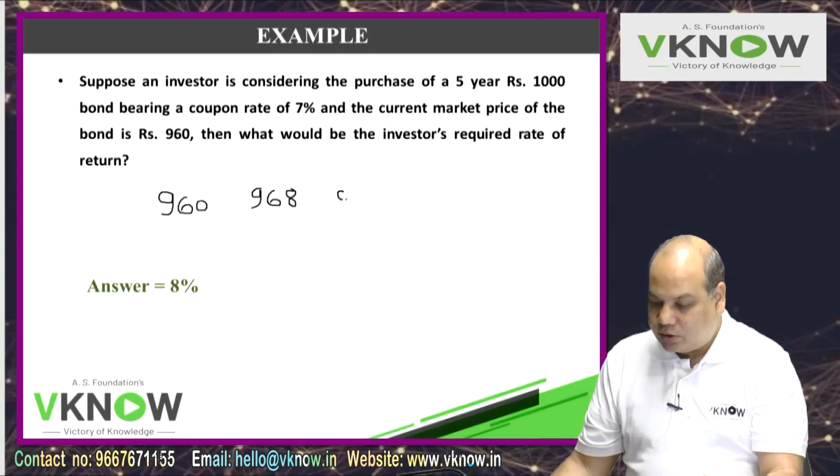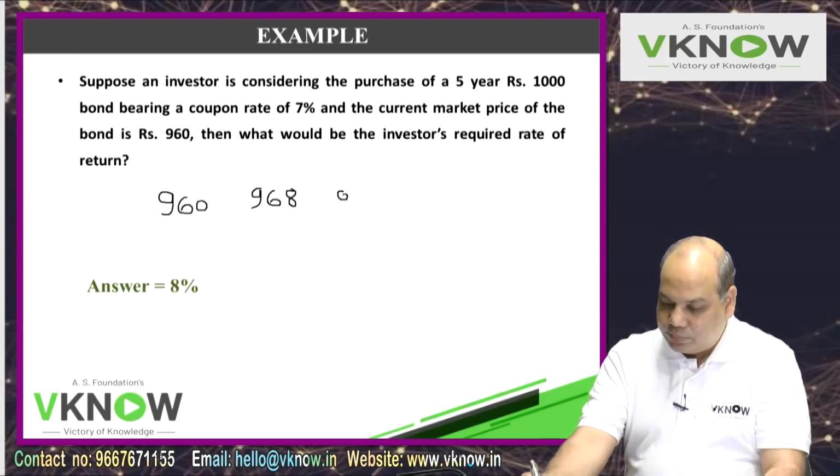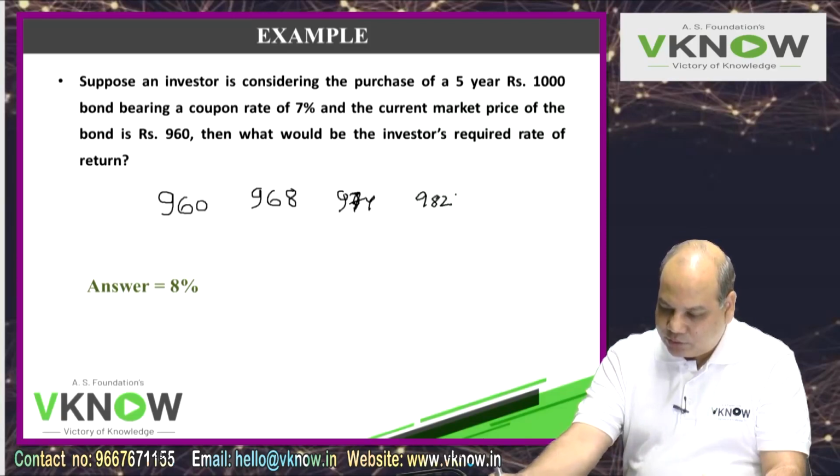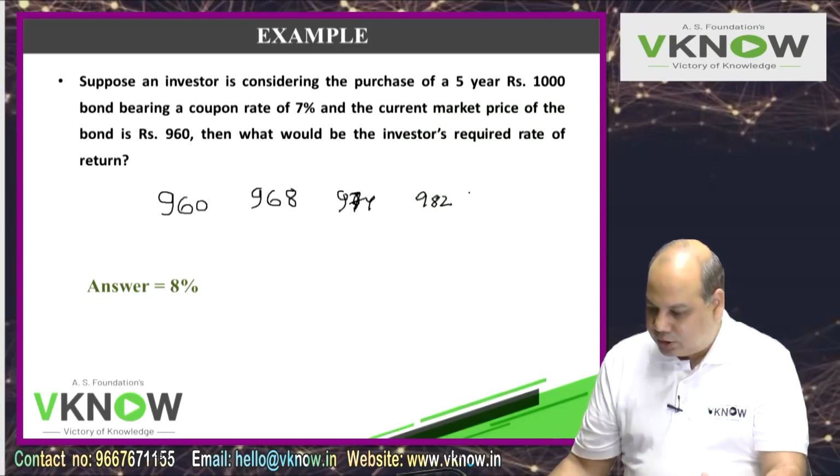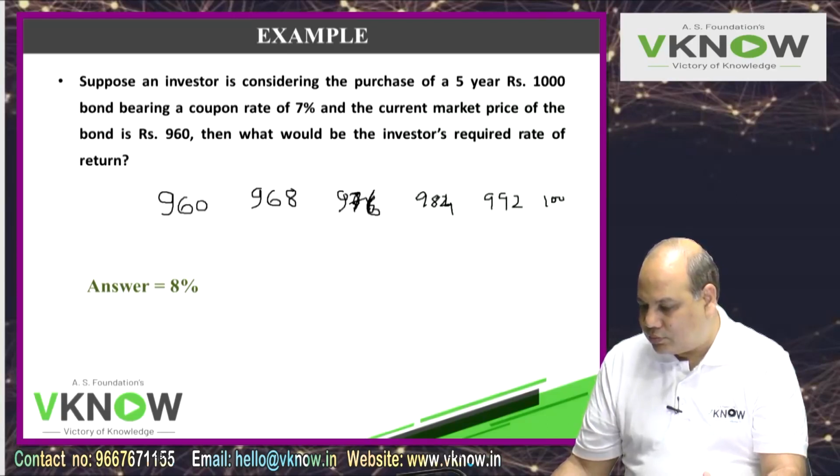So it will become 960, 968, 976, 984, 992, and the last is 1000.